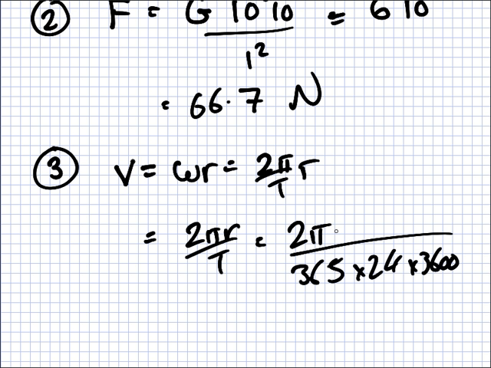What's the radius of the orbit? The distance the Earth is to the Sun? Should be on the top somewhere. Distance between Earth and the Sun is 1.5 times 10 to the power of 11. Okay.